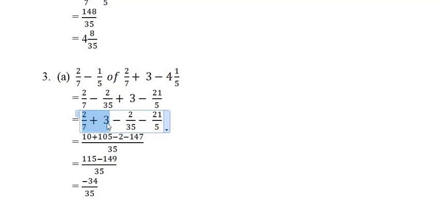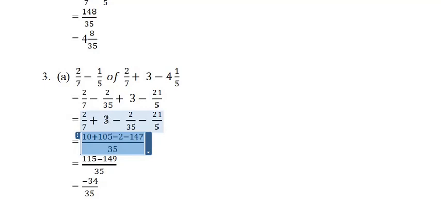I hope you still remember the first chapter, that is integers. So you are actually grouping them. After you group this, you can just do the addition out here of these two, 2 by 7 plus 3, or simply you can follow this step.